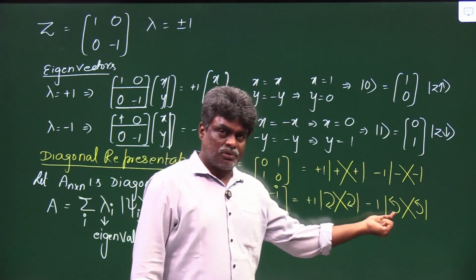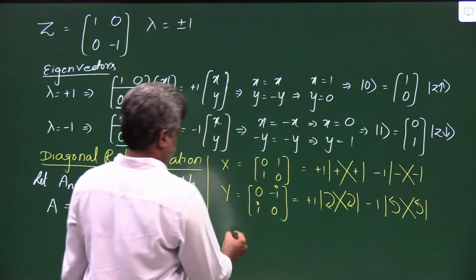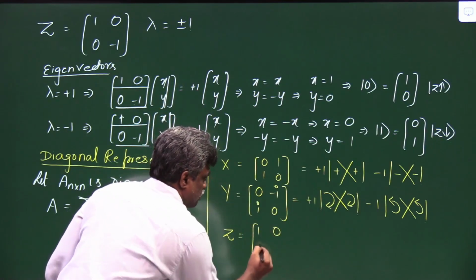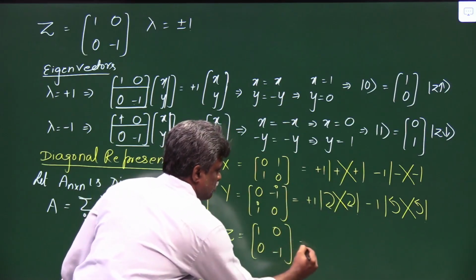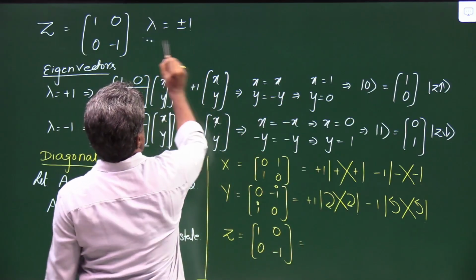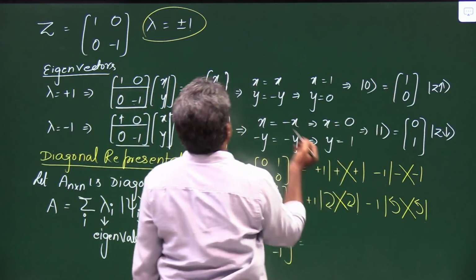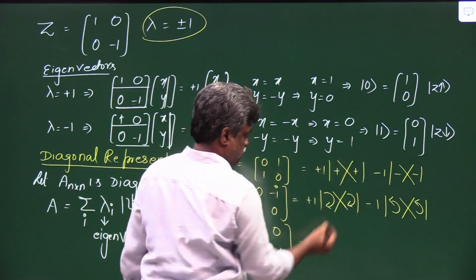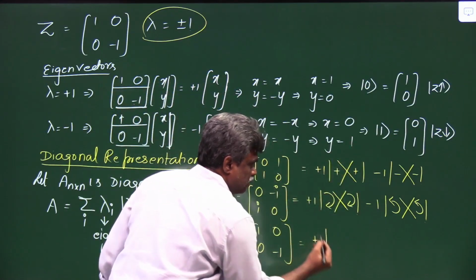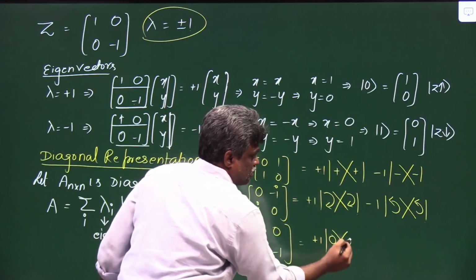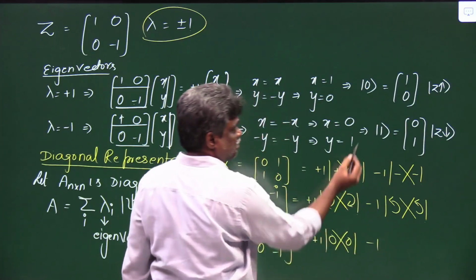So next one, if you take Z, 1, 0, 0, minus 1, see here we get the eigenvalues plus 1, minus 1. The plus 1 eigenstate is ket 0, the minus 1 eigenstate is ket 1. So that's why plus 1 times the corresponding outer product of ket 0, and minus 1 times the outer product of ket 1.